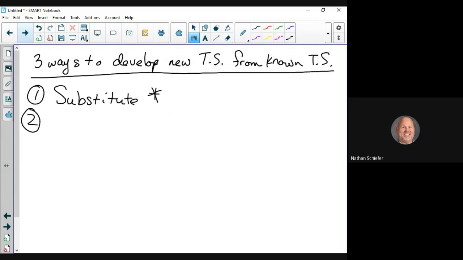Then you might also want to differentiate. And you could also maybe integrate. Substitution is the one that shows up the most.